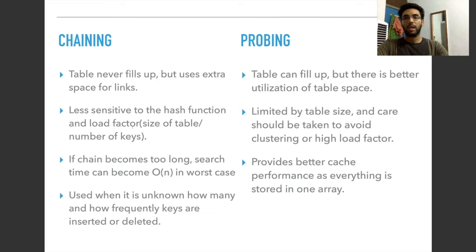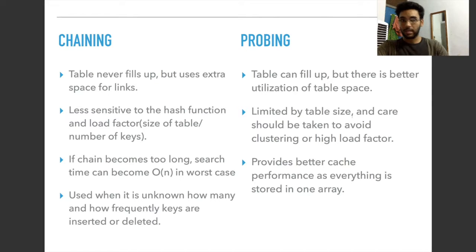Chaining is less sensitive to hash function and load factor. Load factor is basically defined by the number of keys divided by the size of the table. It is less sensitive to the hash function because even if there are too many collisions by a given hash function, they are handled well by appending to the linked list present at each cell.